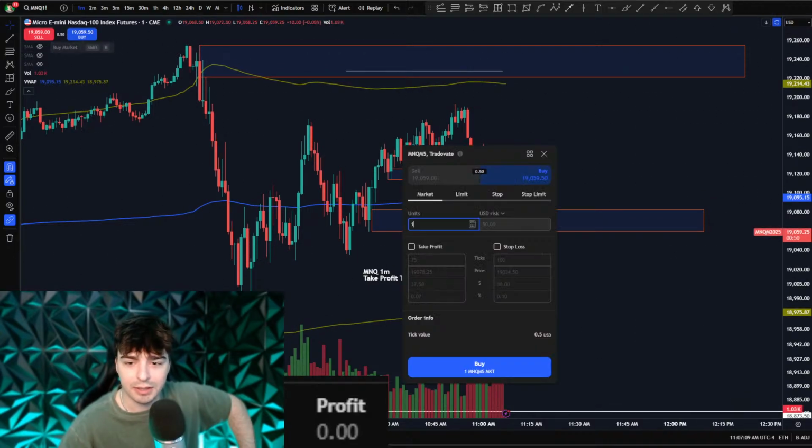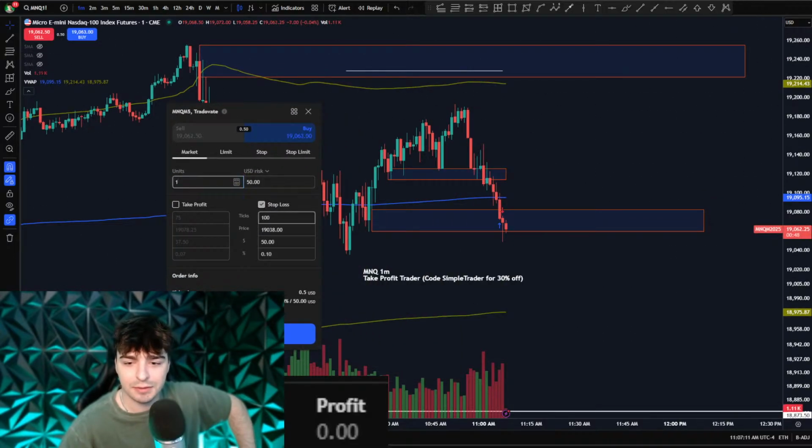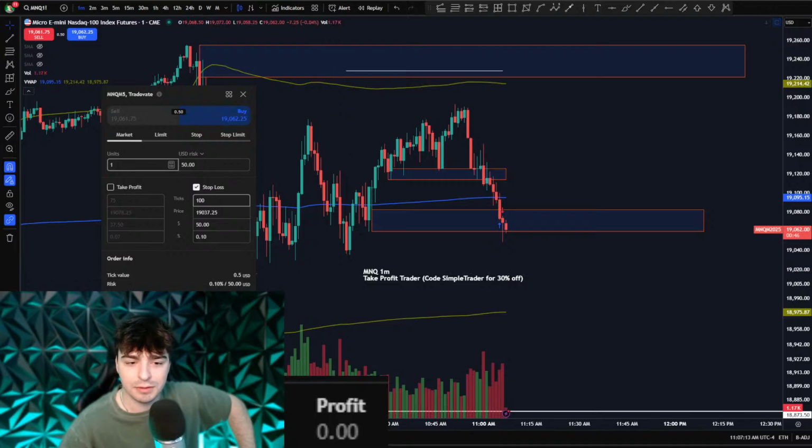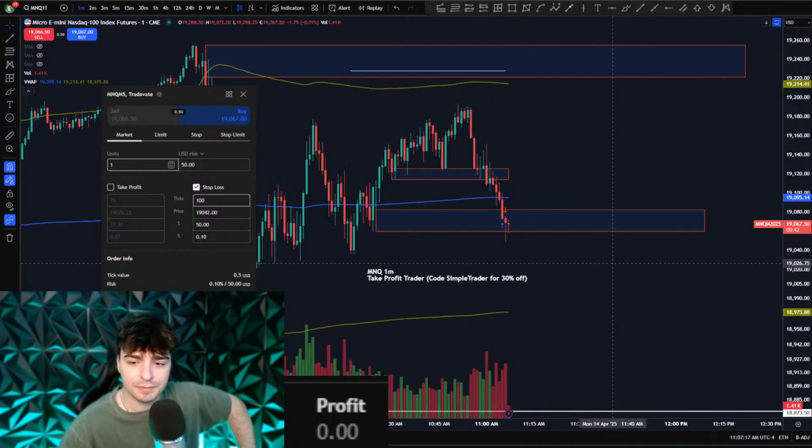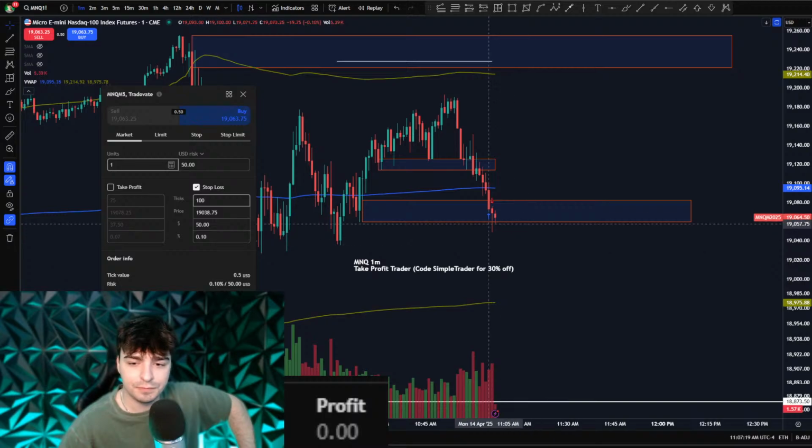I might try it again. That's a big volume candle there. Let's see if we... Jeez. What is going on today?